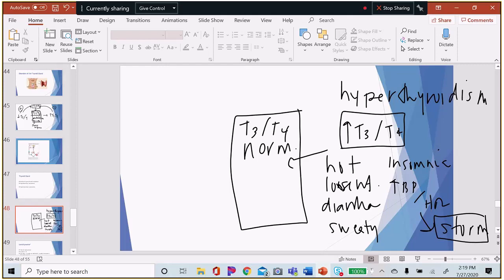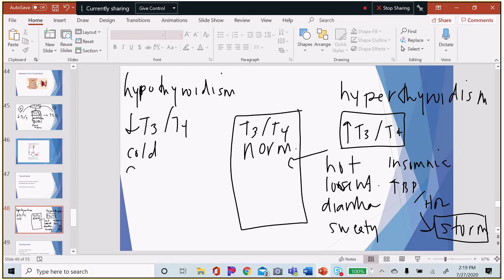Some people have hypothyroidism, and so that can be easy to figure out. Hypothyroidism would be too little thyroid hormone being created, and that means I would pretty much have the opposite of hyperthyroidism. I would be cold, I would gain weight, I would have constipation. They're not sweaty, they have dry skin, dry nails.